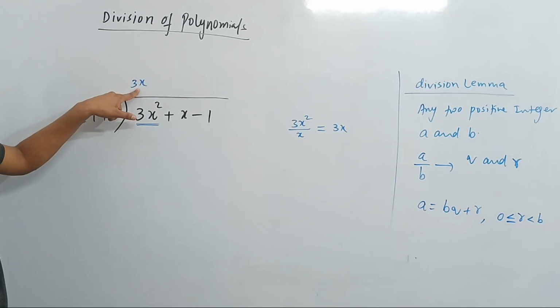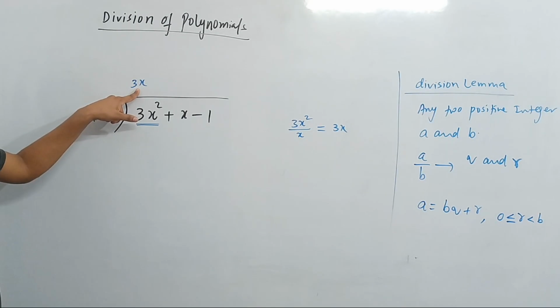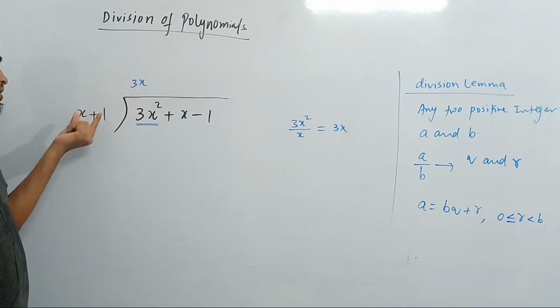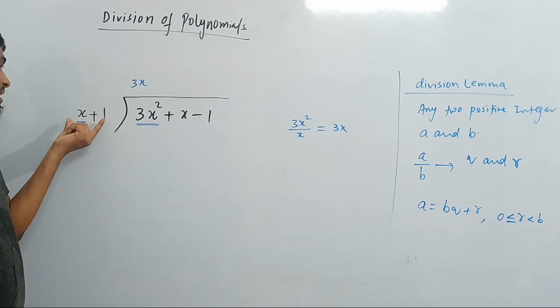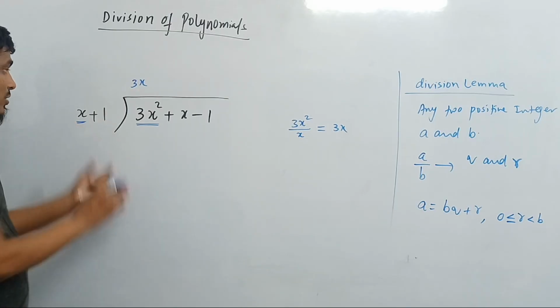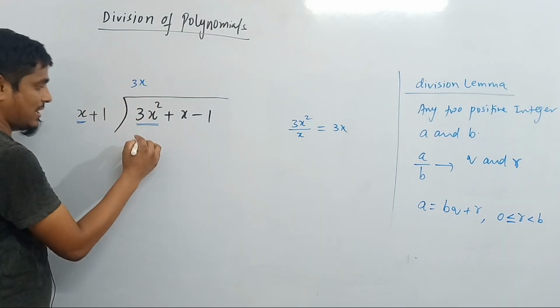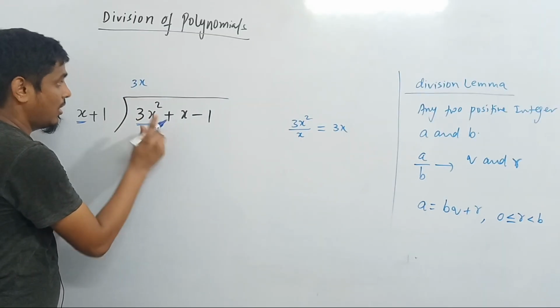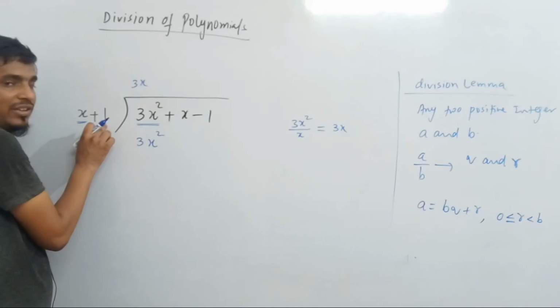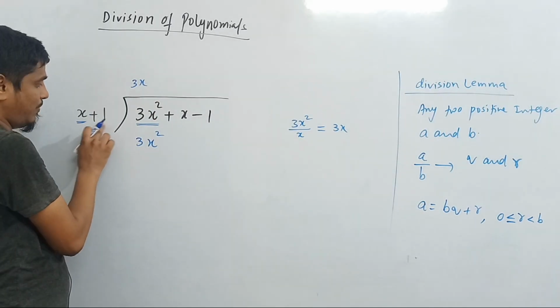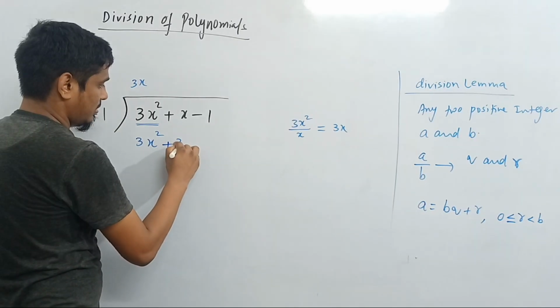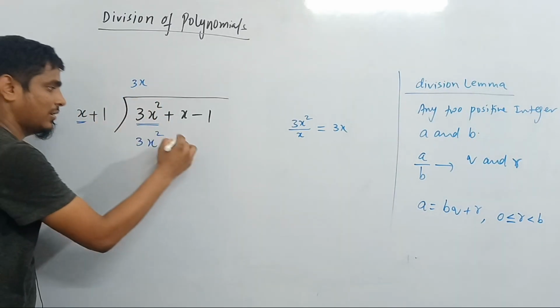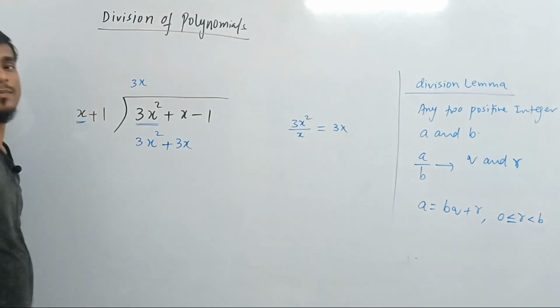Now this 3x is the quotient. This 3x is going to multiply with this linear binomial. x times 3x is 3x square. Now 3x multiplies with the second term, which is plus 1. 3x times plus 1 is plus 3x.